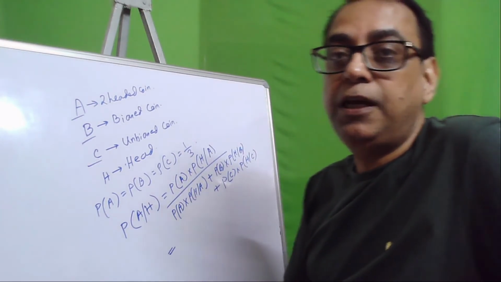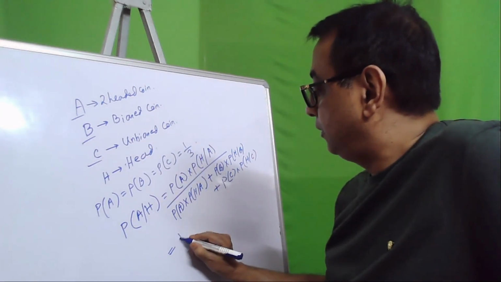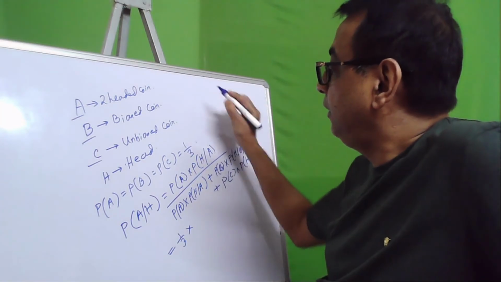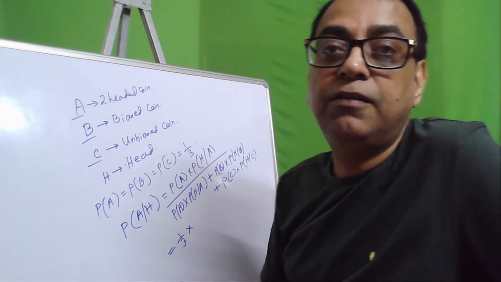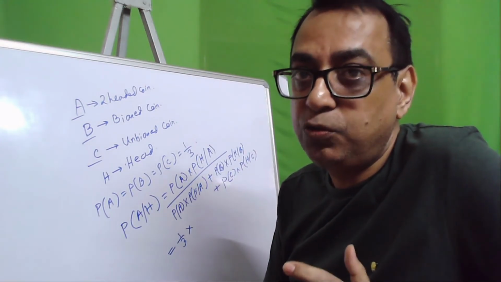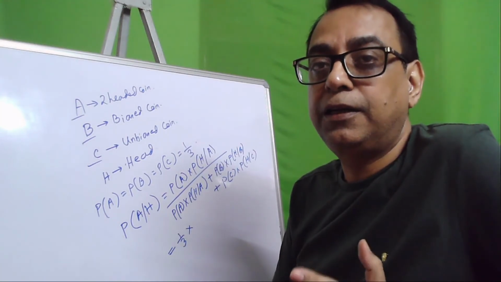Now what is PA? PA has been given as 1/3. What is PH given A? That means the probability of head given A occurs. A is a two-headed coin and H means head occurs. So it is 1.